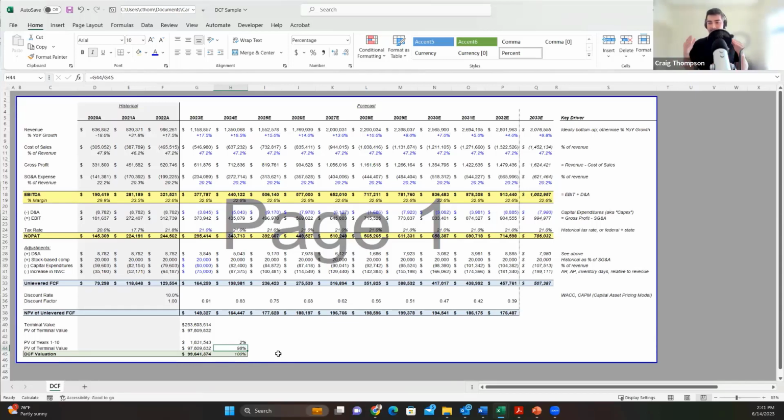The DCF valuation is the best academic framework we have for valuing companies. When people talk about fundamentally valuing businesses, a quality DCF in a vacuum is intellectually the right way to value companies.